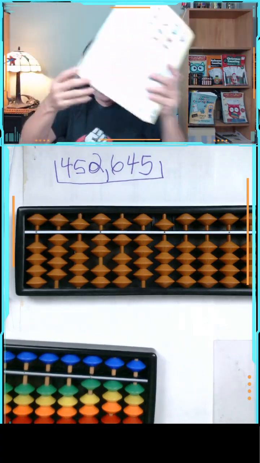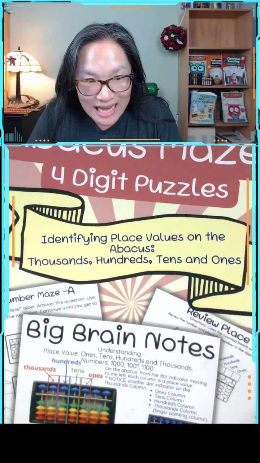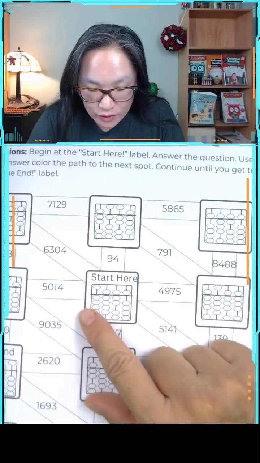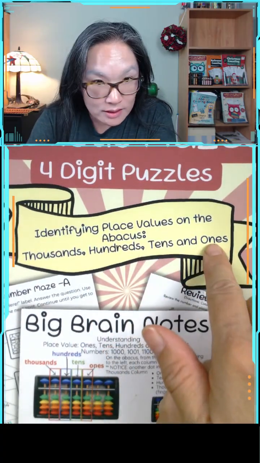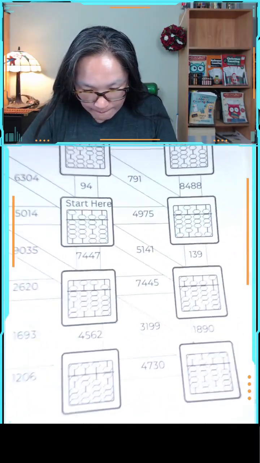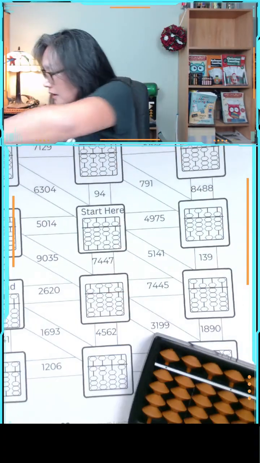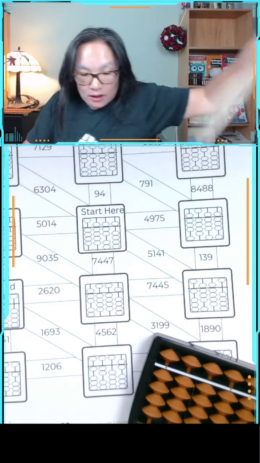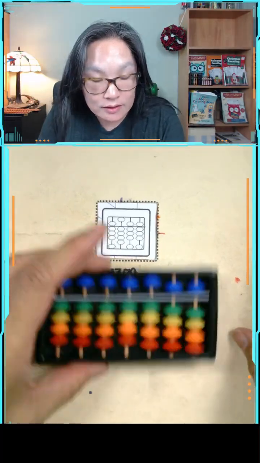So for those of you that are interested, the highest that I go right now is just thousands. So we do thousands, hundreds, tens, and ones. So when we look at this number, what number do we think this is?